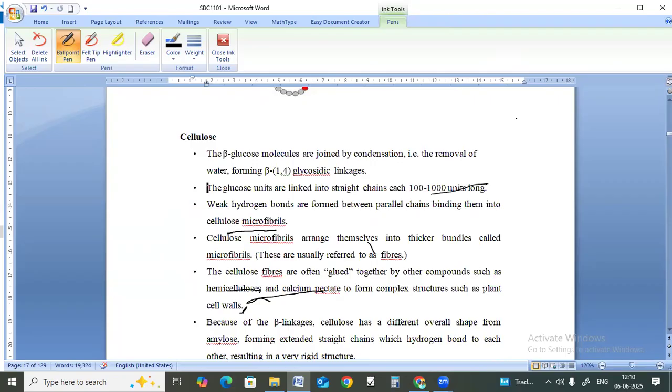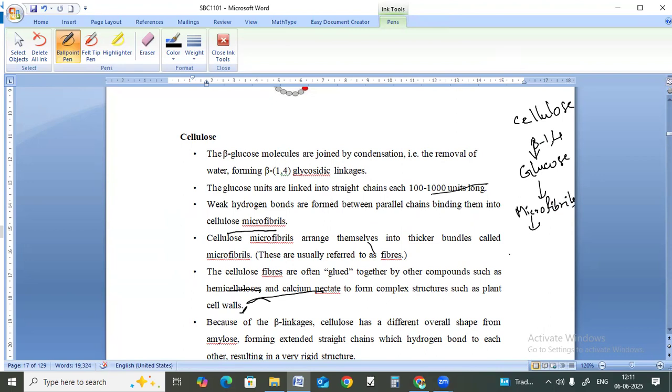Here you can see the cellulose is mainly consisting of beta 1,4 glycosidic linkages. These are glucose units of beta 1,4, resulting in the formation of microfibrils, and these microfibrils form thicker bundles.